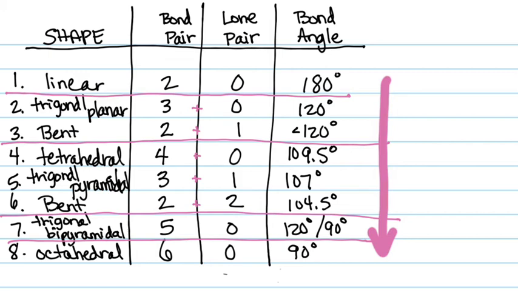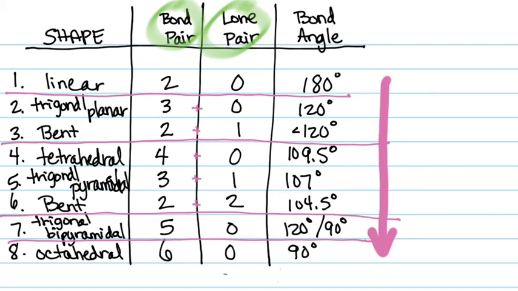I'm sure there's probably a mnemonic already available online. If you go look it up and try to remember these shapes, definitely you're going to have to look at bonding pair and lone pair. Once you have your Lewis structure, count up how many bonding and lone pair, and then from memory, you give the shape. This should definitely be in your notes.